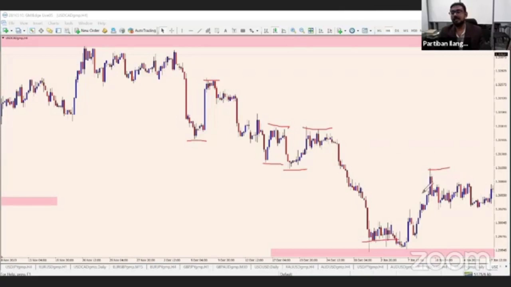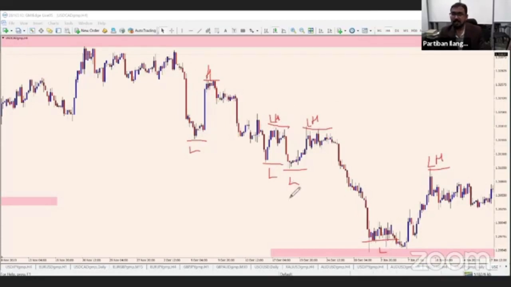So once you mark this high, high, high, high, low, low, low, low, now ask this question: is the current recent high higher or lower? Lower. Is this high higher or lower? Lower.